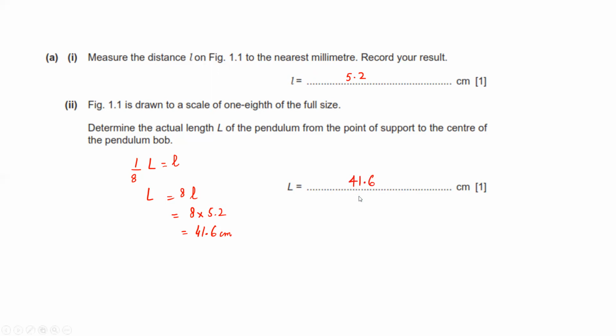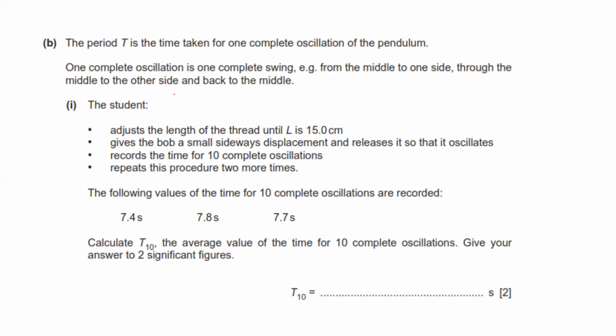Next part, part B. The period is the time taken for one complete oscillation of the pendulum. One complete oscillation is one complete swing, for example from the middle to one side, through the middle to the other side, and back to the middle.